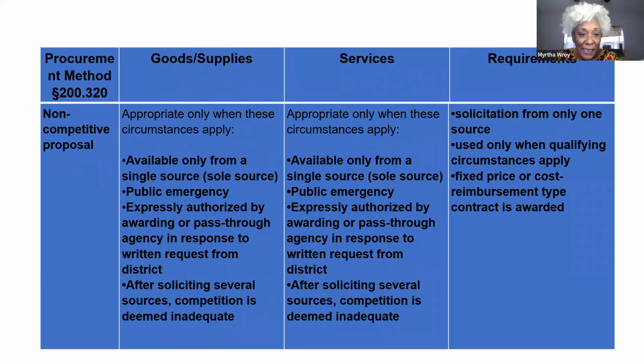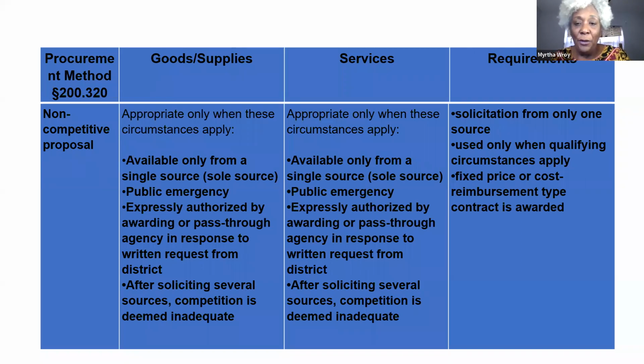So for services, exactly the same rules and requirements apply. The requirement is solicitation from only one source here. So you can only solicit from that one source, because you're saying that it's not available anywhere else. And that burden falls on the contracting office that's trying to get a contract to acquire those goods.